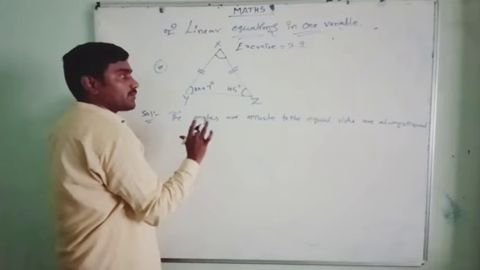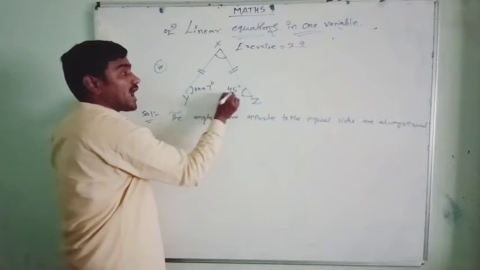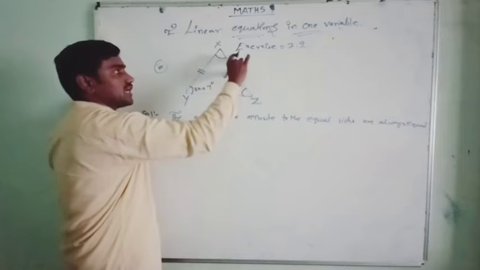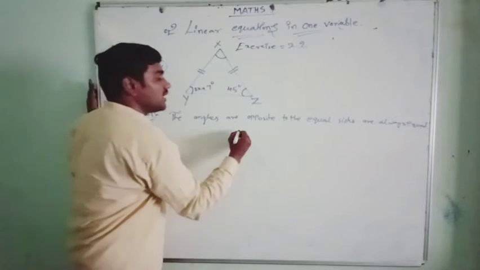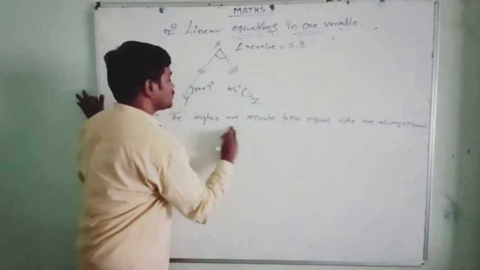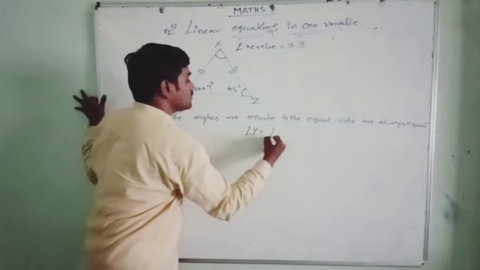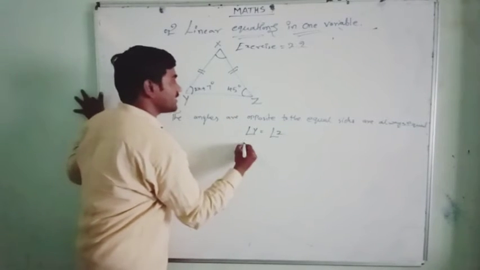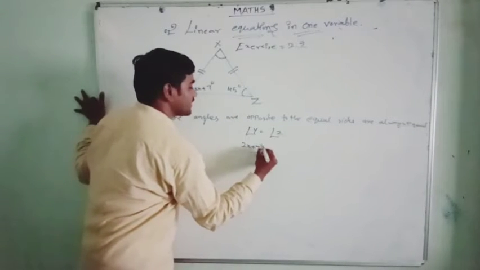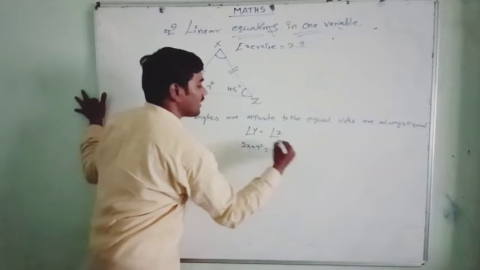According to that property, we can say that these two angles are equal, because these two sides are equal. So angle y is equal to angle z here. What is angle y here? 2x plus 7 degrees. That equals angle z, which is 45 degrees.